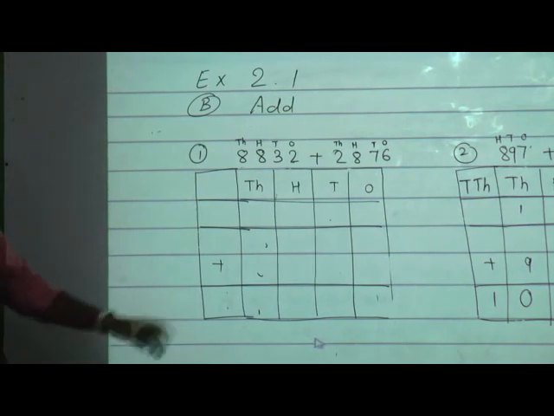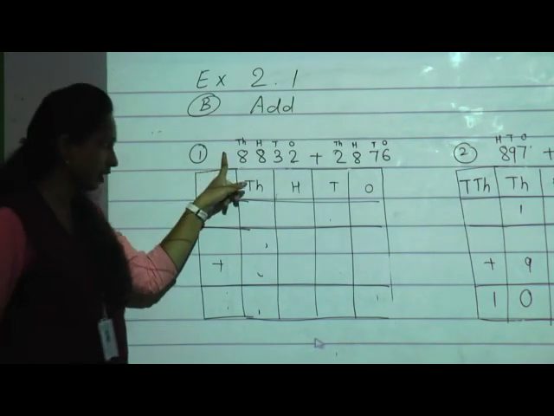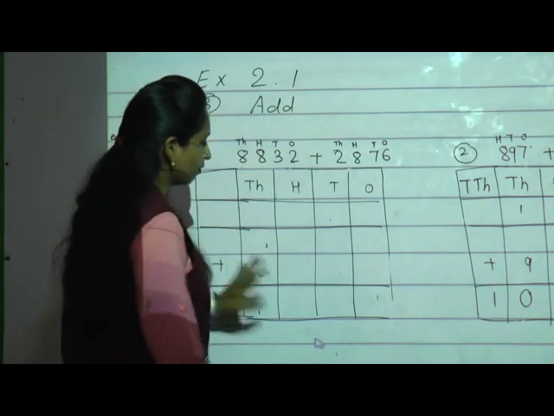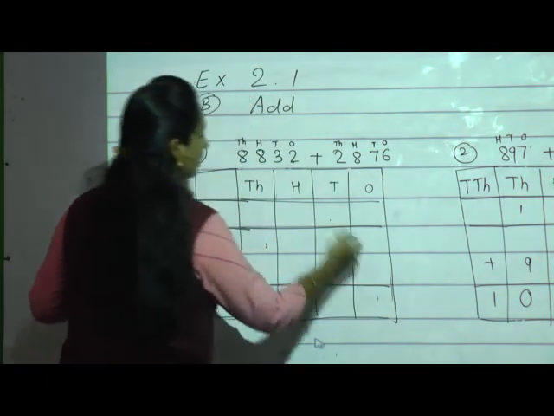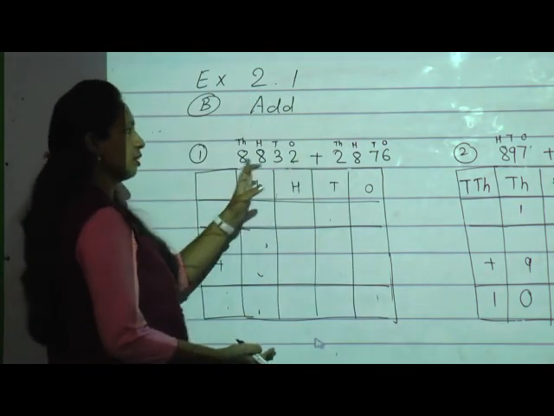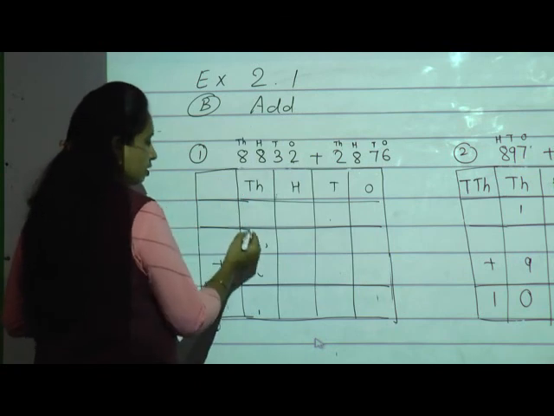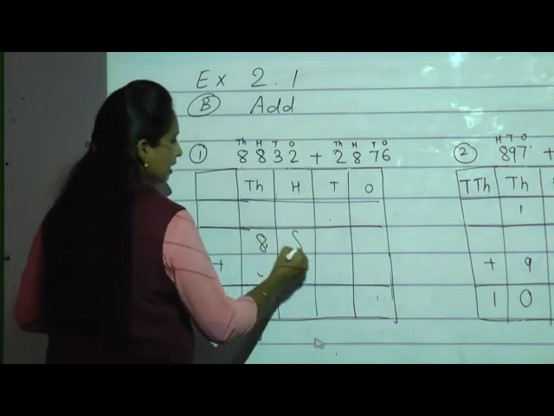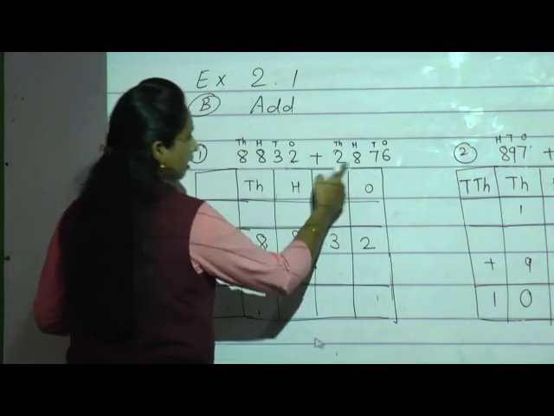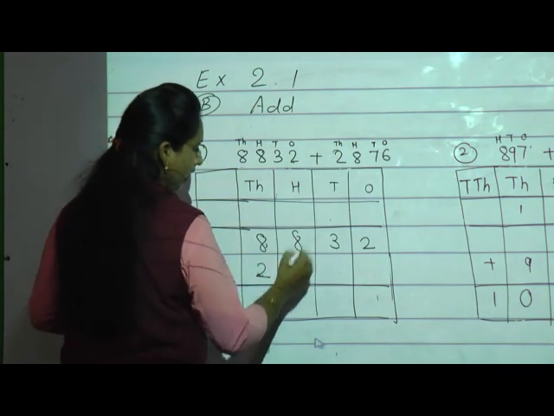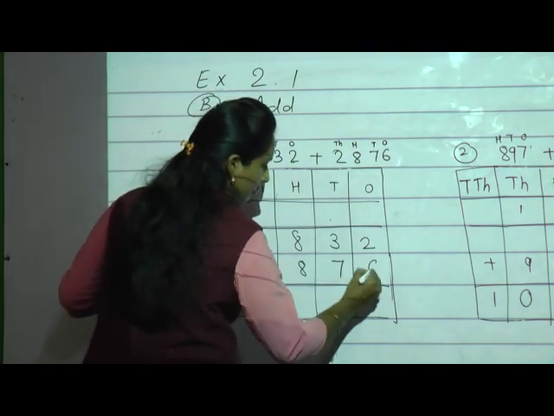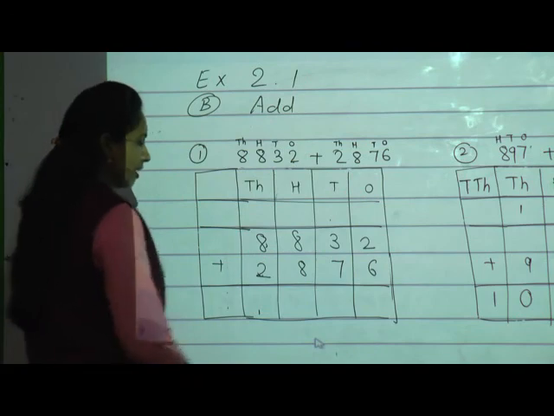Once you have written the place value to the given number, and if you are solving in a place value chart, it doesn't require writing numbers from this side. So thousands place you can write directly 8,832 and 2,876.